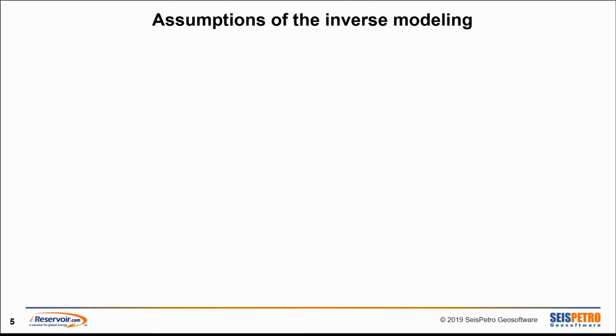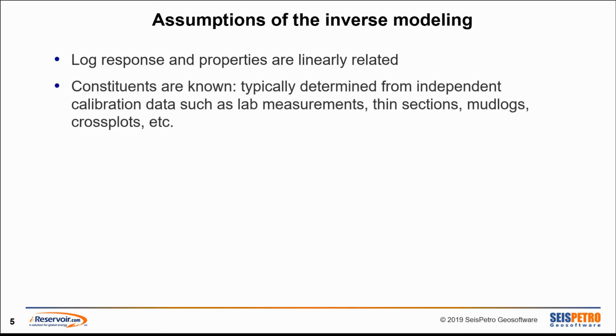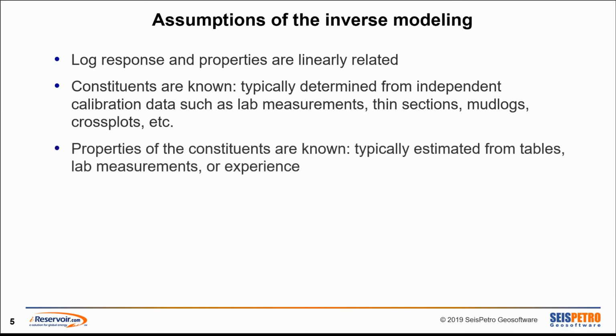So what are the assumptions of the inverse modeling? As I said before, we're going to assume that the log response and the properties are linearly related. This may or may not be true, but it's true in many cases. Another important assumption is that the constituents are known. Typically, the constituents are determined from independent calibration, such as lab measurements, thin sections, mud logs, cross plots, etc. Besides assuming the constituents, we assume that the properties of the constituents are also known.